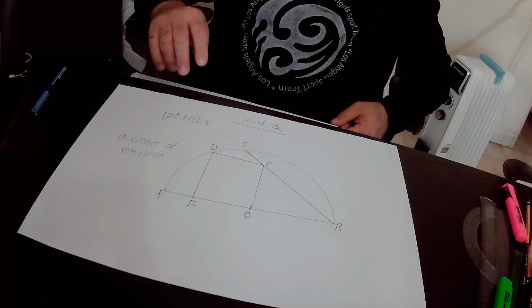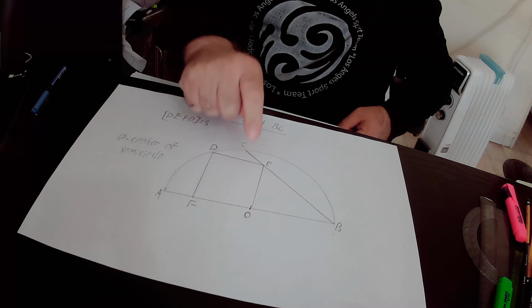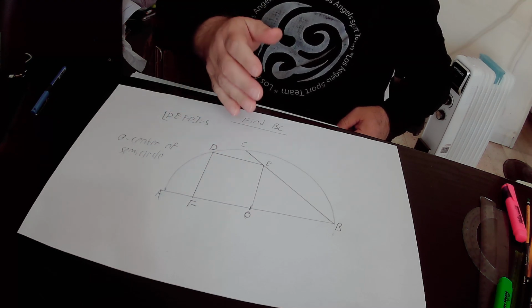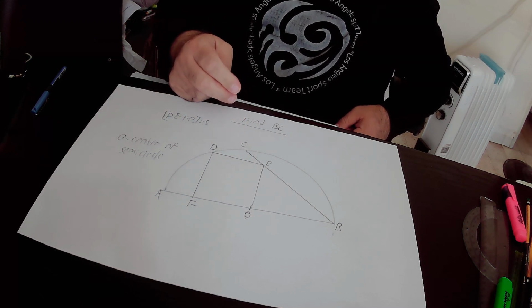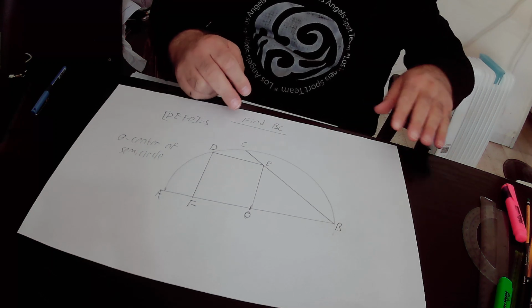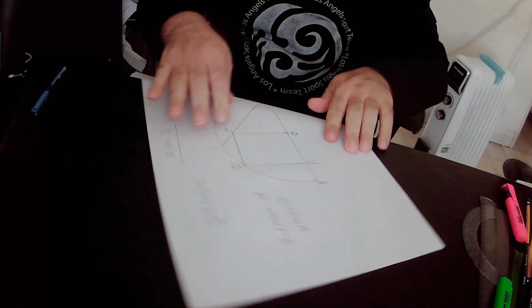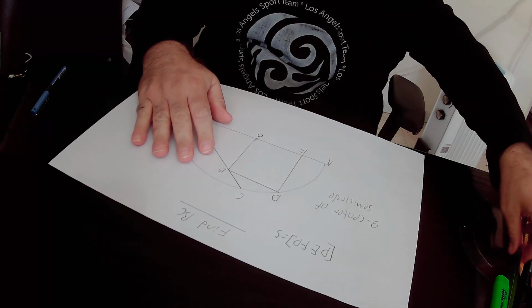So first of all, because DEFO is a square, we know that all the angles inside the square are right angles. Therefore, those 4 angles are all right angles. So I write it down.